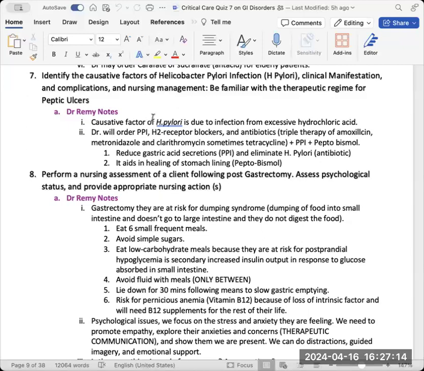Okay, so H. pylori is able to get into a patient's body as an infection because there's too much hydrochloric acid, which is ruining or destroying the lining of the stomach, right? So we already know antibiotics, PPIs, H2 receptor blockers, and we're also thinking manifestations related to duodenal ulcers.